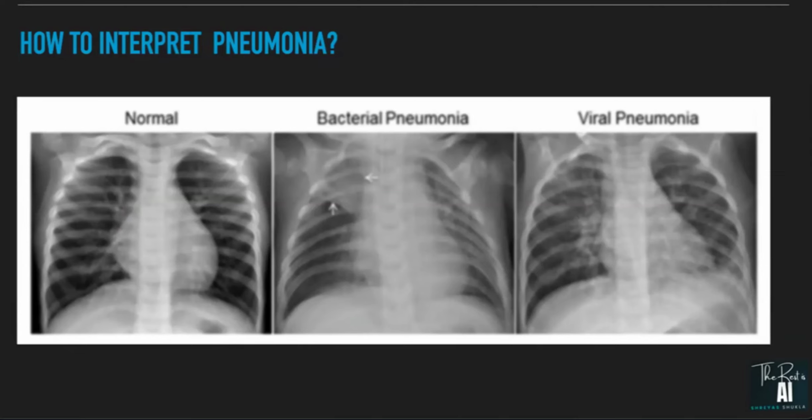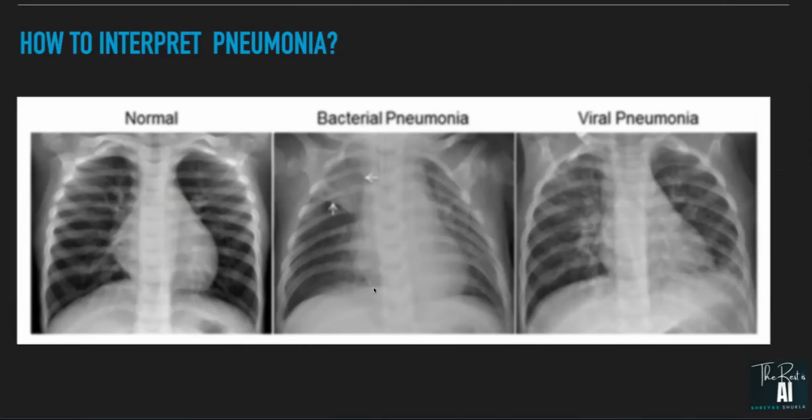In short, there are three chest X-ray images that you have to be aware of. One, normal, that is the clear lung. Second, bacterial pneumonia, this dense white patch. And the third one is viral pneumonia, which has this kind of wispy, scattered cloudiness in both lungs.